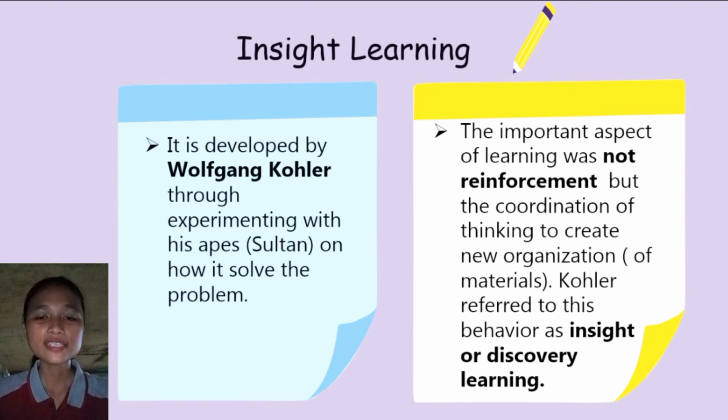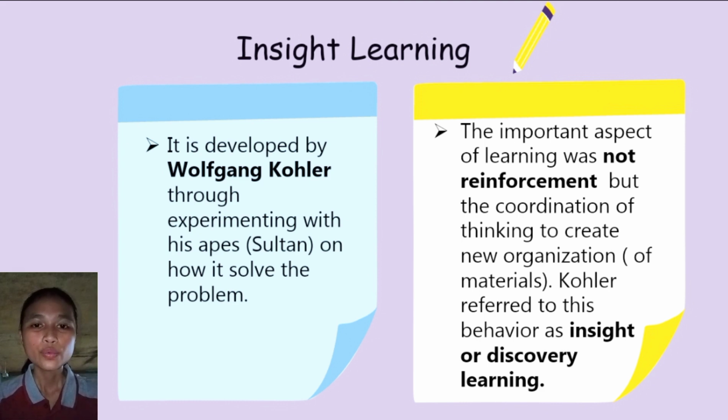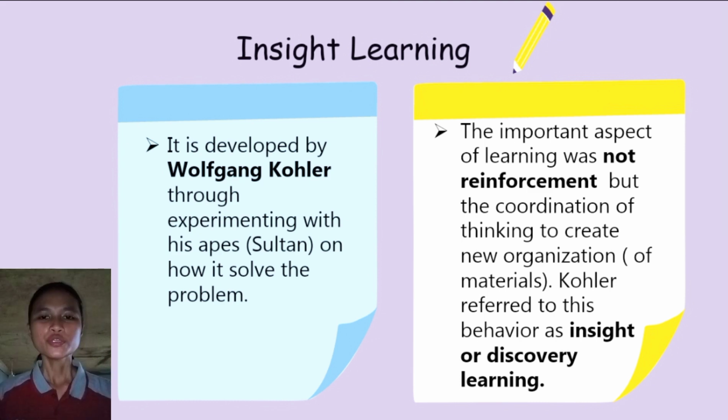Wolfgang Kohler is the one who developed insight learning by experimenting with his ape Sultan on how to solve problems with the use of boxes and sticks. He concluded that we can solve problems by the use of our insight or deep understanding. So the idea of insight learning is that it is a sudden realization of a solution for a problem.